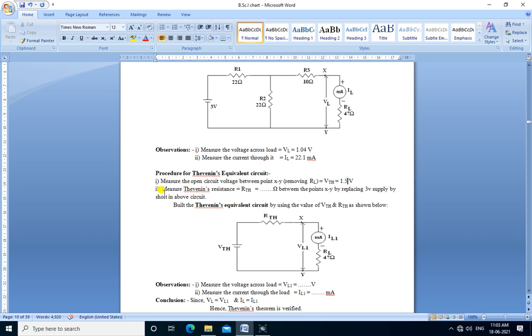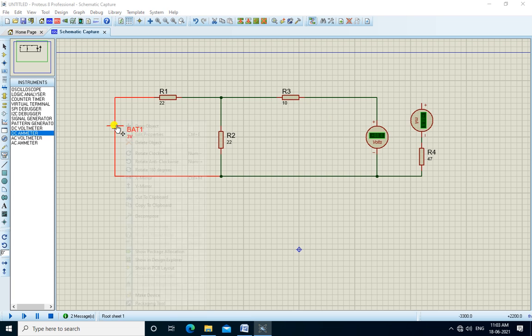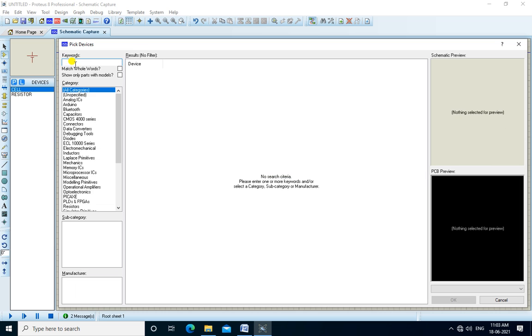1.5 volt. Then the second step is to measure the Thevenin's resistance, that is RTH, between the points X and Y by replacing the 3 volt supply by a short in the above circuit. So we remove this power supply and replace it by a short. We need an ohm meter to measure the resistance.